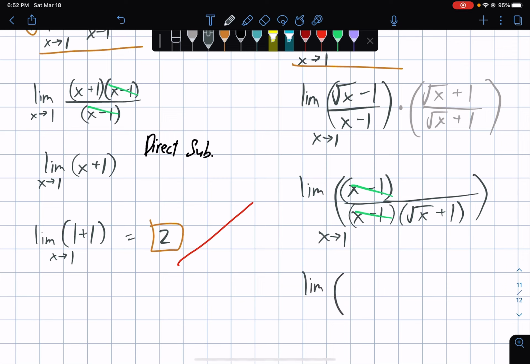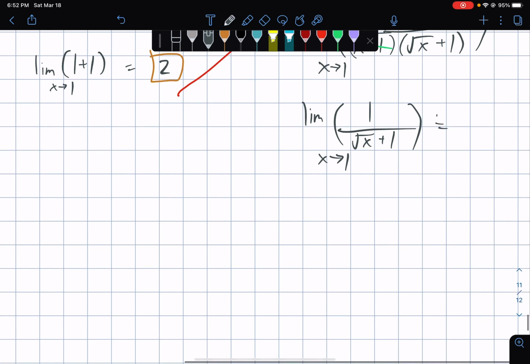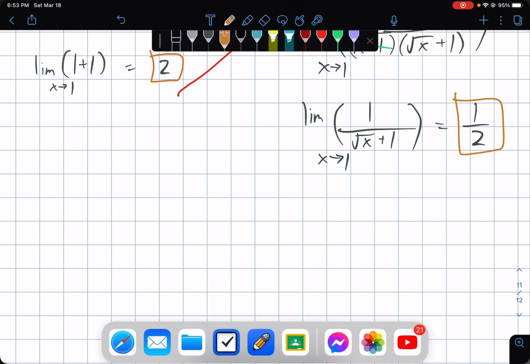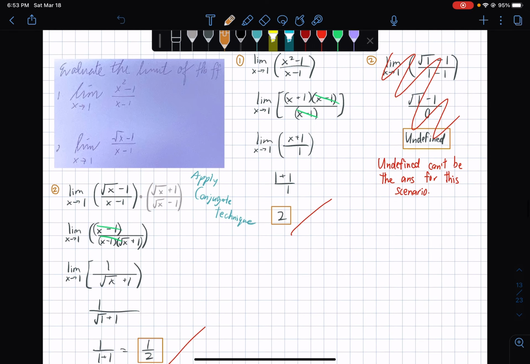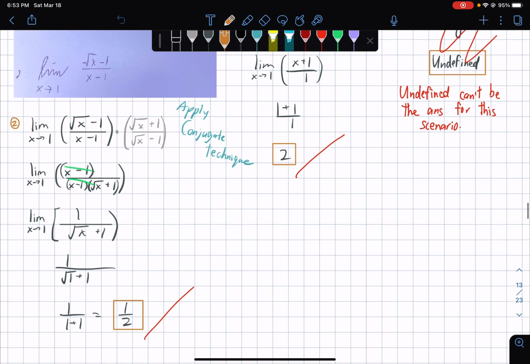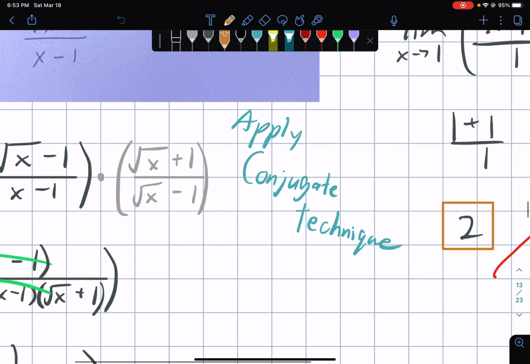And so lim 1 over square root of x plus 1, such that x approaches 1. That's basically going to be 1. Square root of 1 is 1, so 1 over 2. I think this is the answer. Let's check the solutions before. Yeah, 1 over 2. It says here, apply conjugate technique.